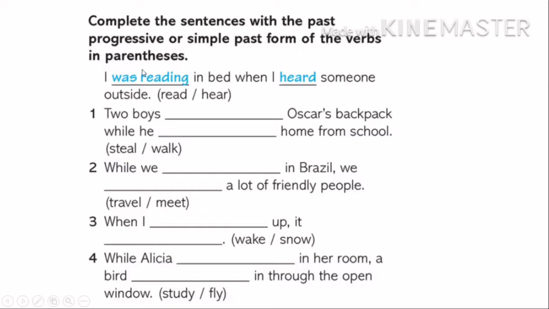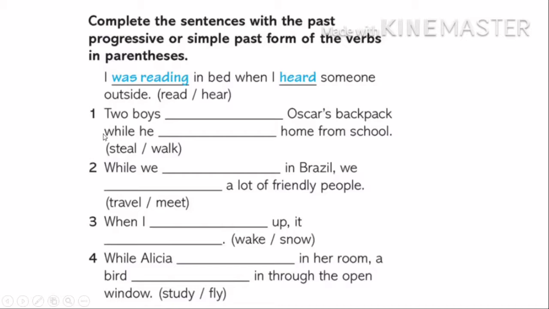I was reading in the bed when I heard someone outside. So, past continuous or past progressive for the long action, the action in progress, and simple past for the action that interrupts the long action. I was reading in the bed when I heard someone outside.